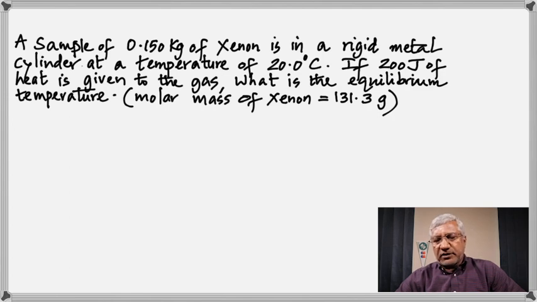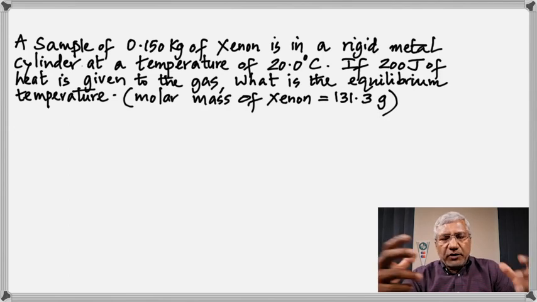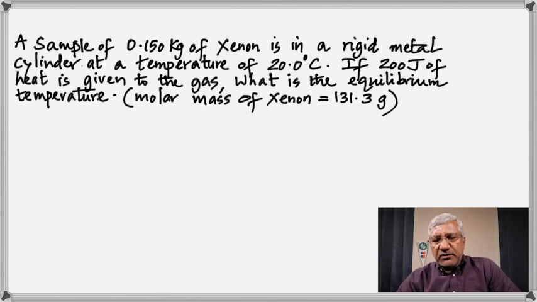The molar mass of xenon is 131.3 grams. So you have the mass of xenon and you have the molar mass. See that? You're also given the temperature, but you're asked to find the equilibrium temperature. Why would the temperature change? Because you allow 200 joules of heat to flow into the gas.